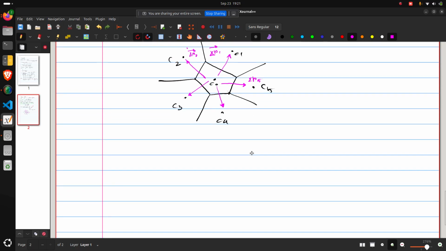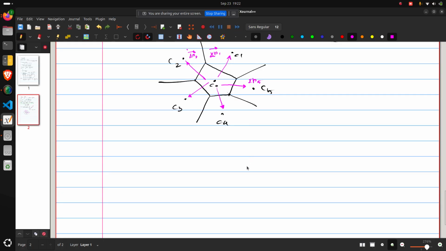Again we will use our very handy tool, the Taylor series expansion, and express each of the neighboring cell center values in terms of the C naught cell center value. So we write: phi 1 is phi naught plus the gradient of phi at C naught times delta R1, and some higher order terms we will neglect.